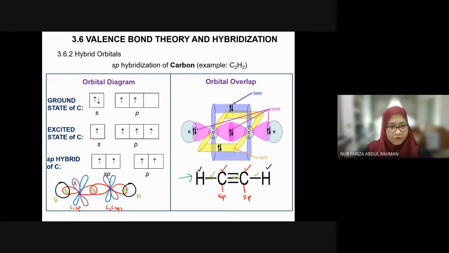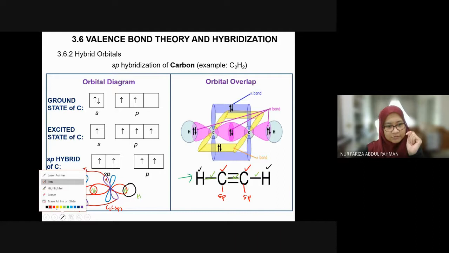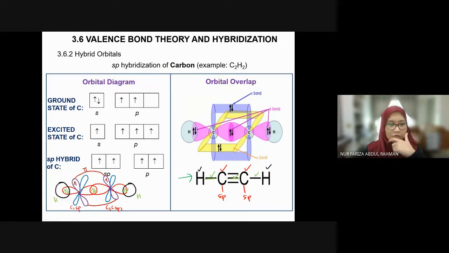Let's do the purple first. Okay, these two will overlap, guys. This purple one. That will be the first pi bond label. Okay, the first pi bond. Secondly, change color, maybe we can have orange.